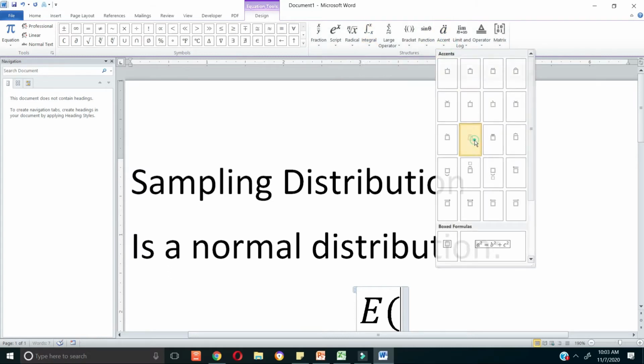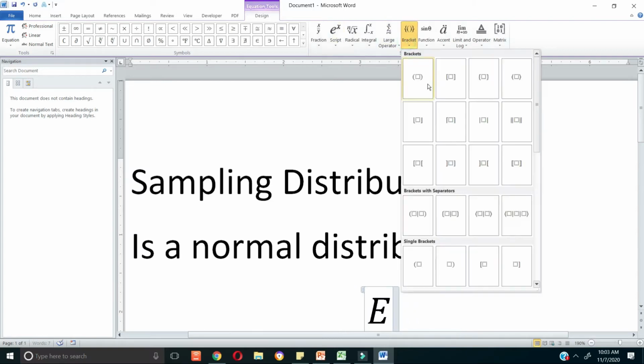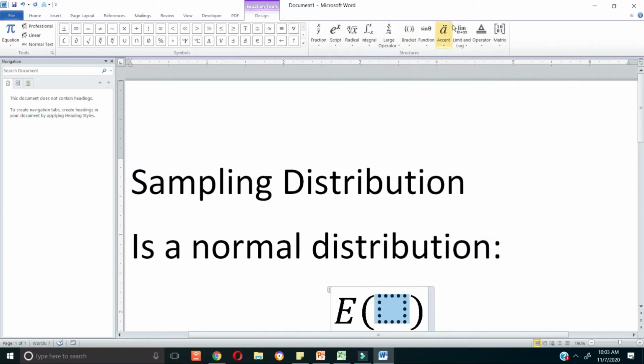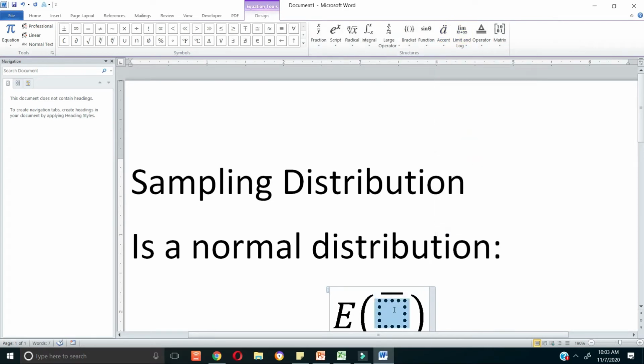So the expected value, which is written like that. Just a minute. I like to write this out, so you're going to bear with me for a bit. So the expected value of the mean of the sampling distribution.